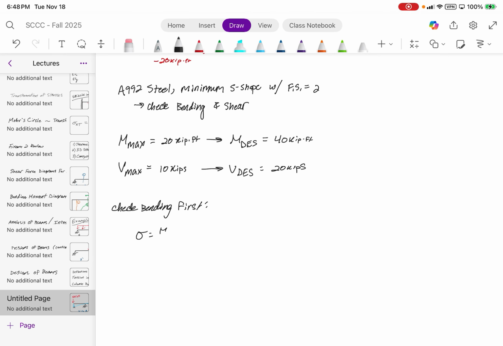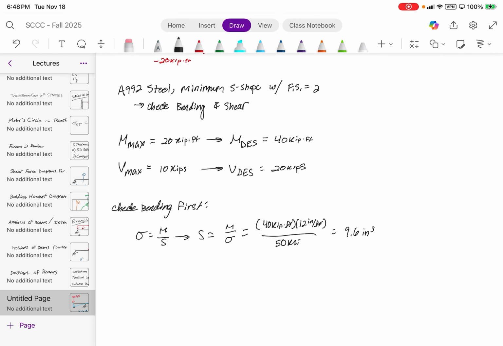This is just sigma equals M y over I, which we can simplify to M over S. We can rewrite this as the required section modulus, S equals the bending moment divided by the yield strength: 40 kip-feet times 12 inches per foot, because we have to keep the units consistent, divided by the yield strength of the steel, which for A992 steel is 50 ksi. From this, what did we get for the required section modulus? 11.6? 9.6.